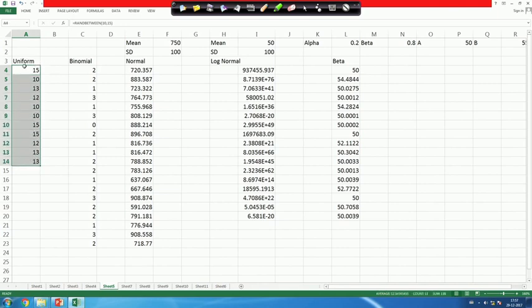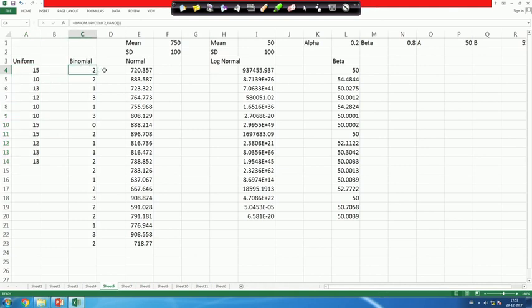This is not a typical distribution that can be used for big or complex problems, but the other distributions are very useful for prediction and forecasting of business problems. Let us say the binomial distribution.